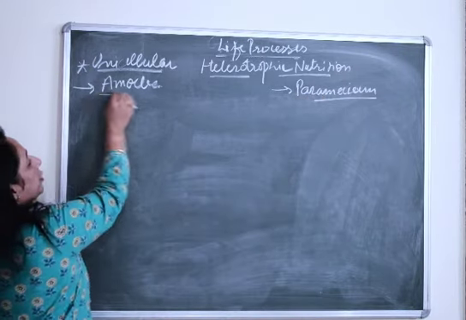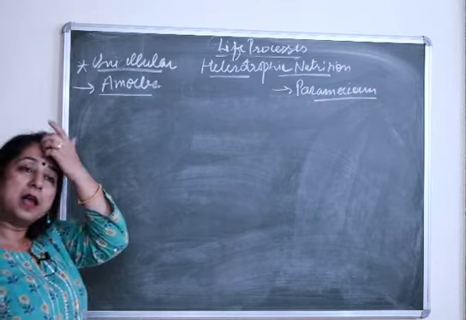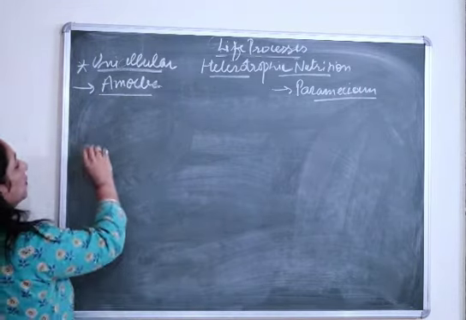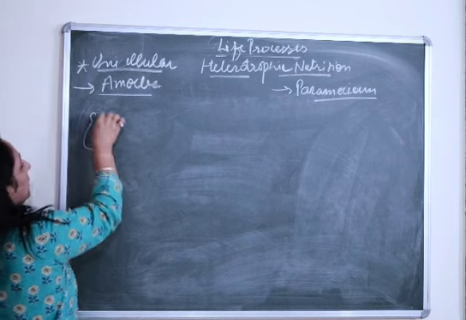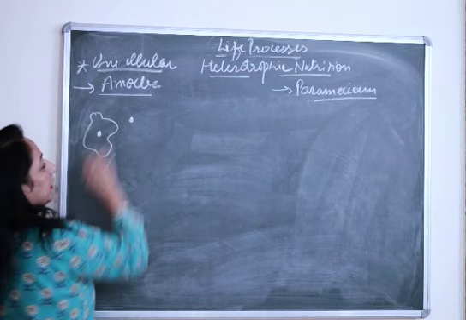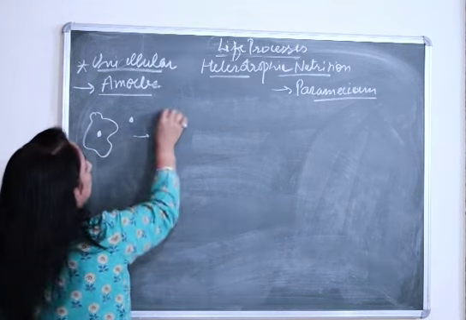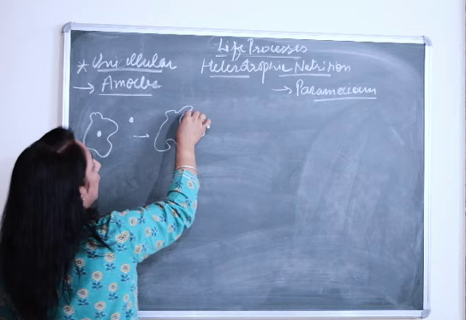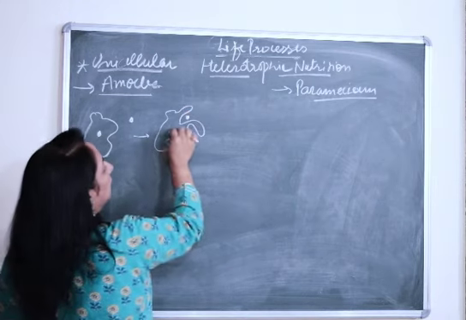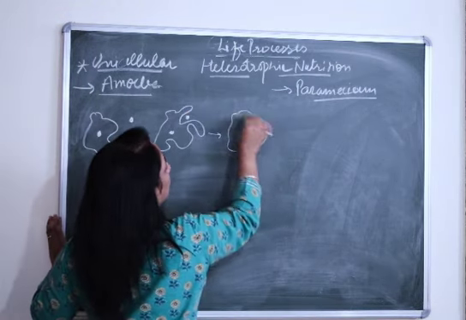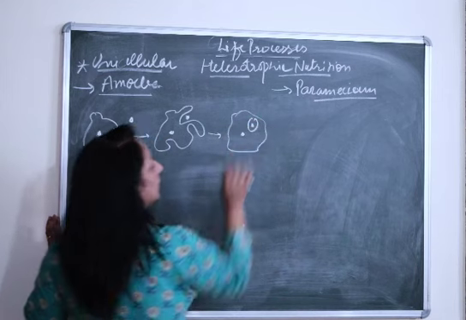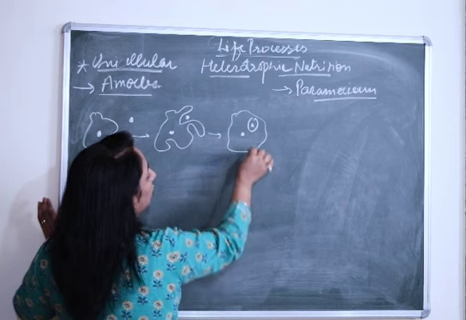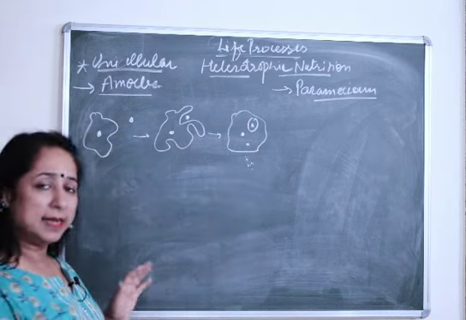Now, nutrition in amoeba and paramecium is almost the same, but there is a slight difference. When we talk about nutrition in amoeba, if this is the amoeba and this is the food particle which it has to engulf, amoeba will extend out its extensions like pseudopodia around the food particle and will ingest it to form a food vacuole and then finally digest it. It will be digested in the body, waste will be given out, and whatever is useful will be taken inside.